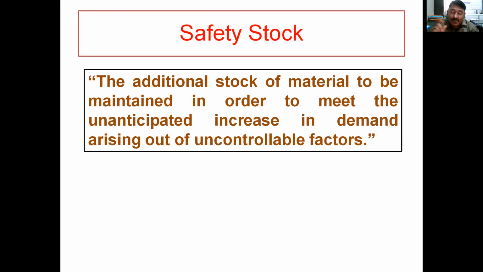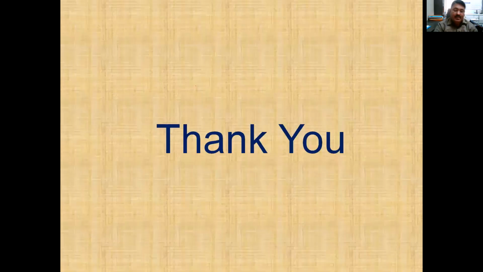It is not only raw material but tooling, etc. That stock, maintained to tackle the demand raised by uncontrollable factors, is nothing but the safety stock. It is utilized in these circumstances. With this, friends, we conclude this chapter.